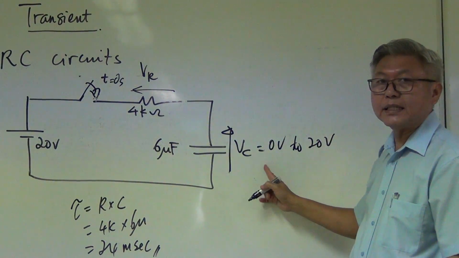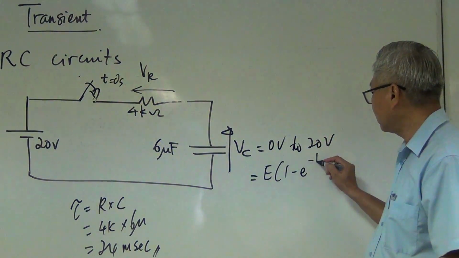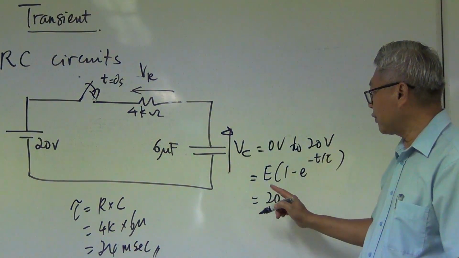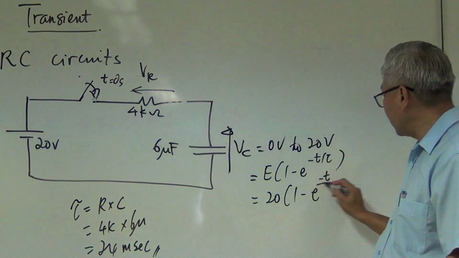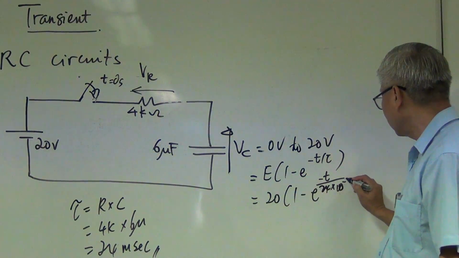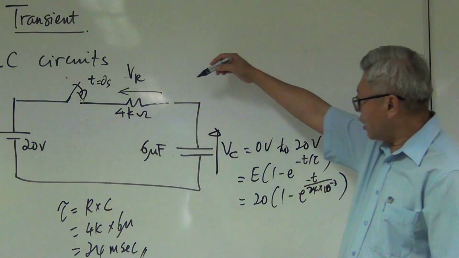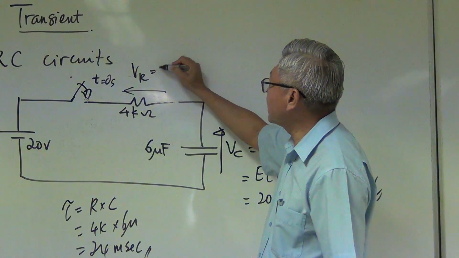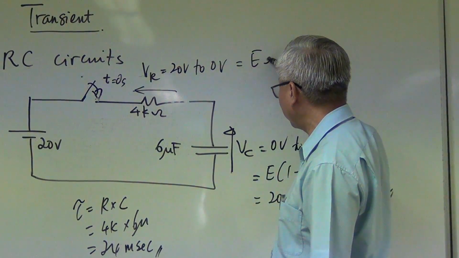And we know that this is an increasing function, so it is with a bracket. The voltage it is going to charge up to is 20 volt, and the time constant is 24 milliseconds. And the voltage across the resistor, while the other one is increasing, this one is decreasing, right? So it is 20 volt to 0 volt. So it's a decreasing function, so it's without bracket.